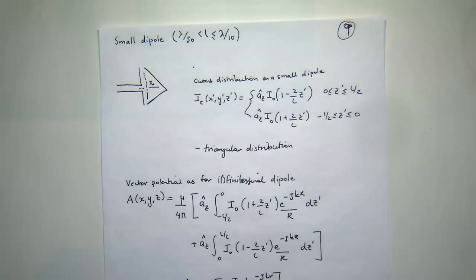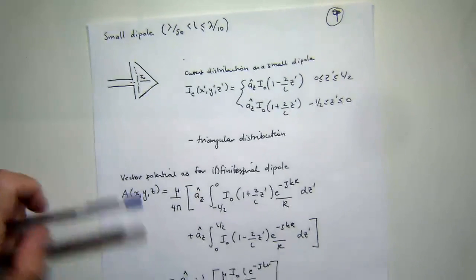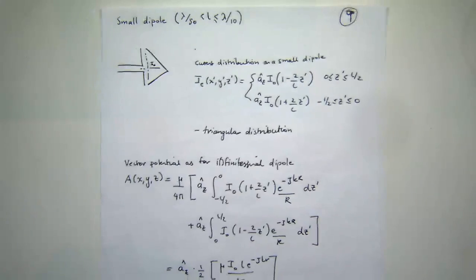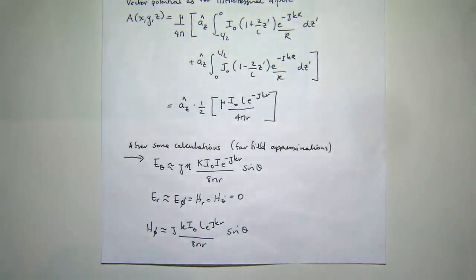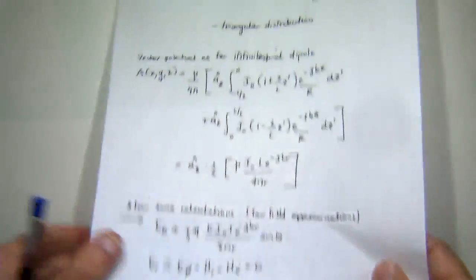Right? So therefore, for a small dipole, what we say is that the current on this structure follows this triangular distribution. And we went through and calculated the vector magnetic potential, and then I waved my hands and said, look, it's very complex, but here are the electric and magnetic field components for this particular structure.